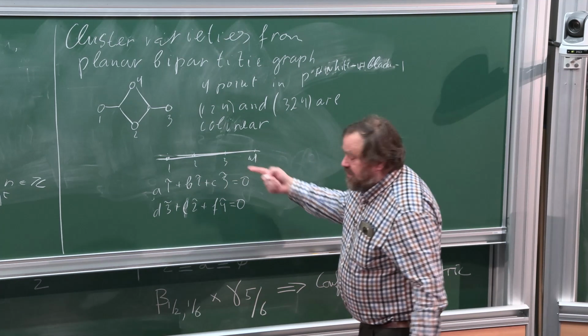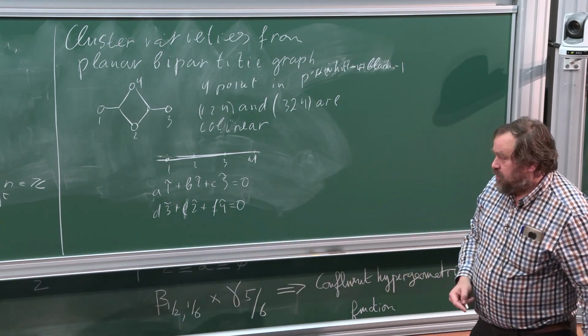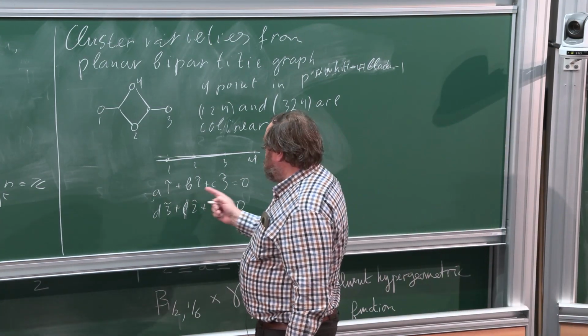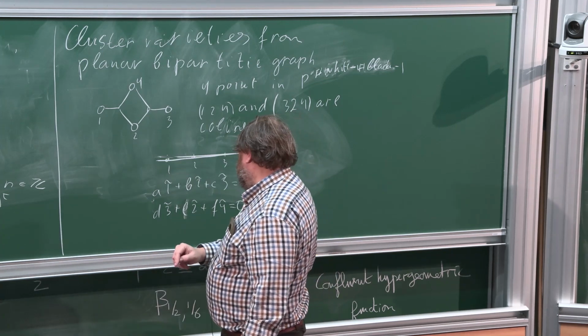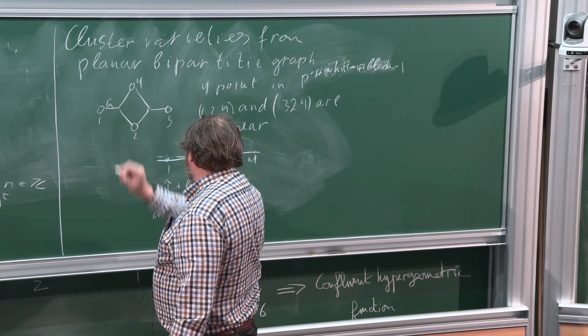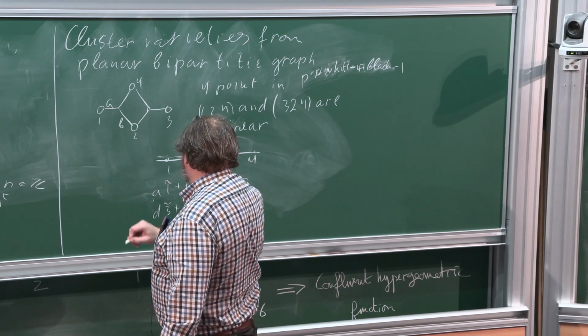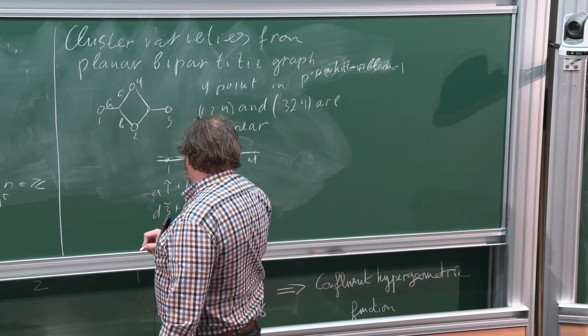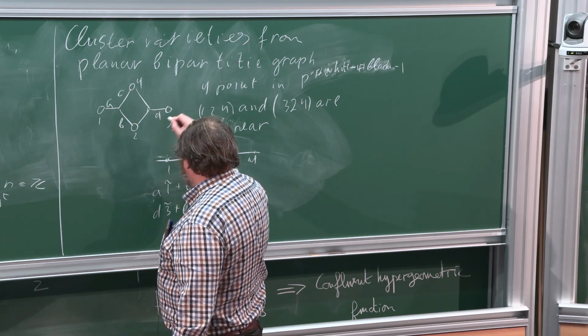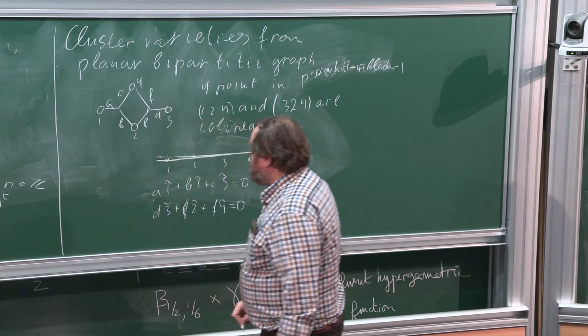It's just because they are collinear, so there is a relation between them. And you can put all these numbers, A, B, C, D, E, F, on this graph.